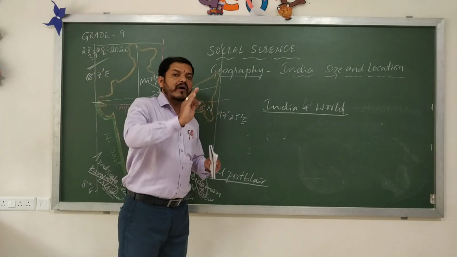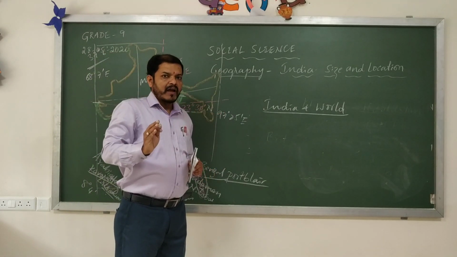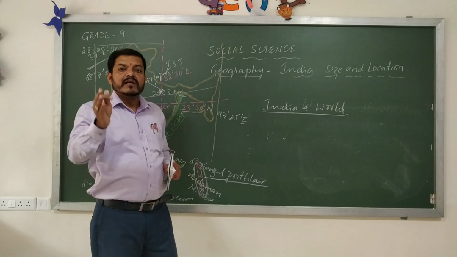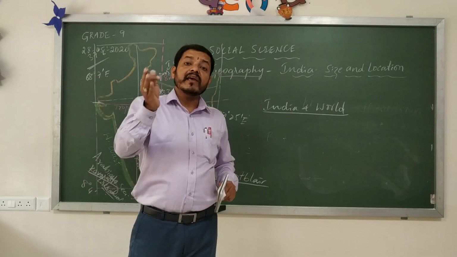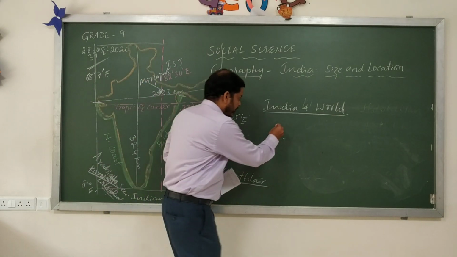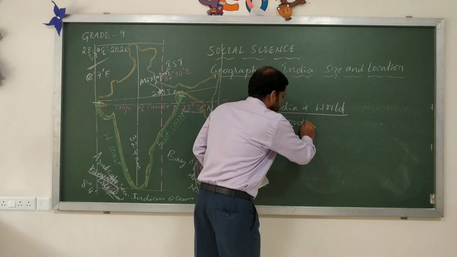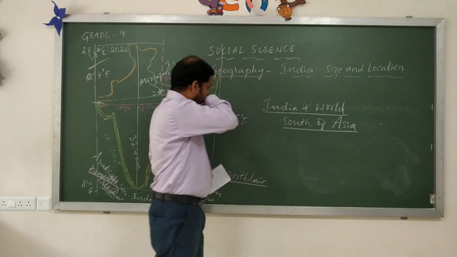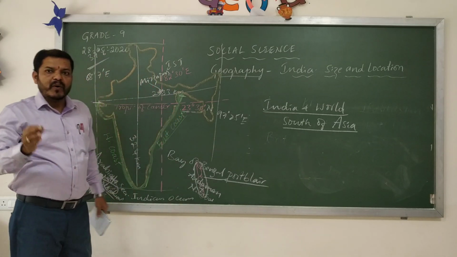I already told you, the northern and eastern hemisphere. India is located in the southern part of the Asian continent, south of Asia. It is one of the important countries.